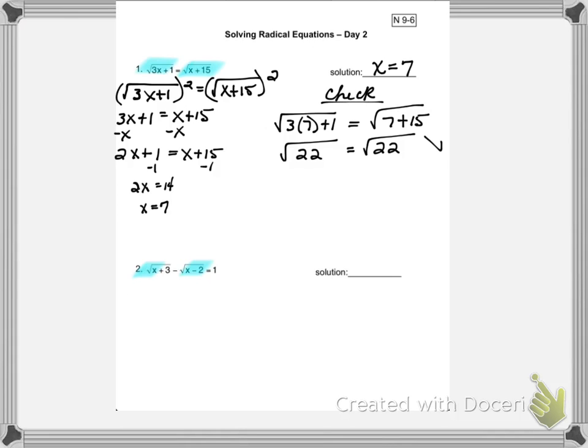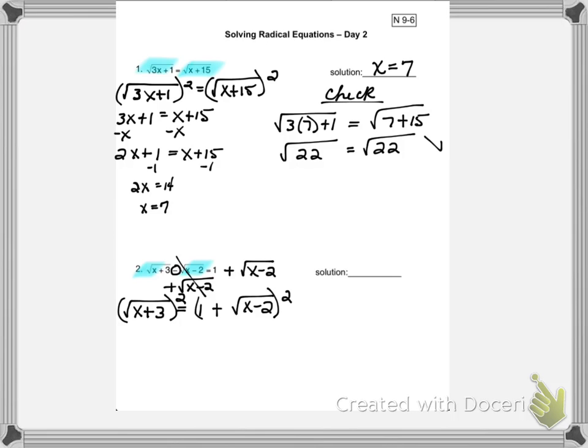Now, since there's a minus right here, I'm going to add the square root of x minus 2 to both sides. So that adds out to be 0. And we have the square root of x plus 3 equals 1 plus the square root of x minus 2. Now we have to square both sides.